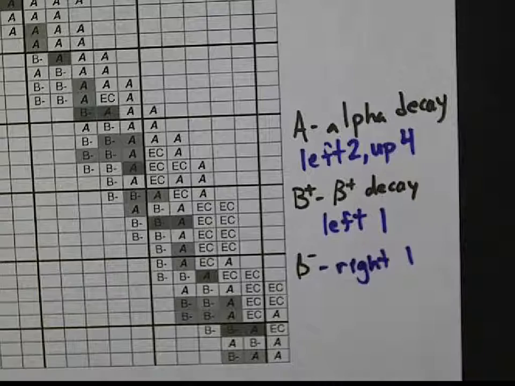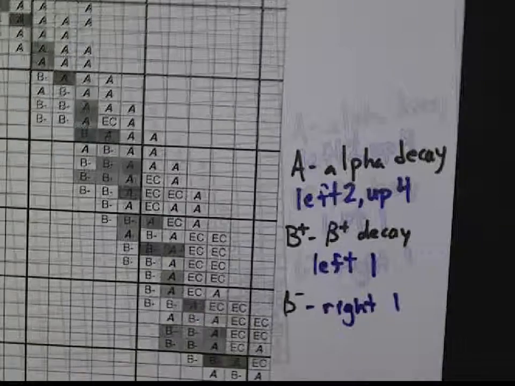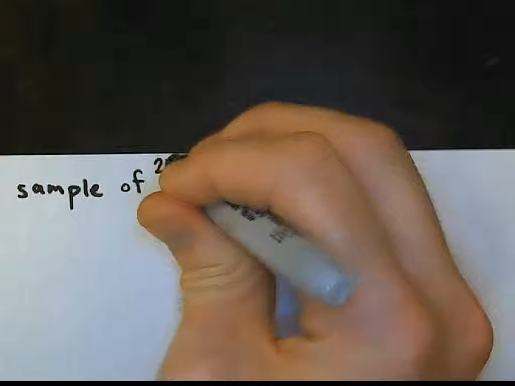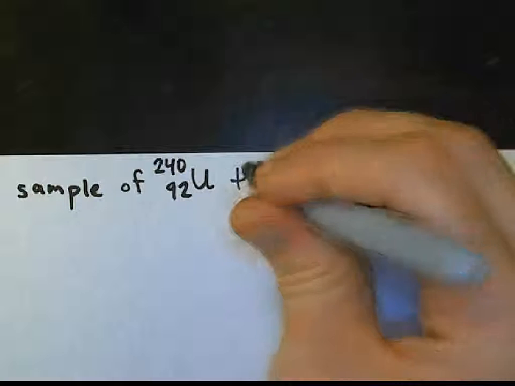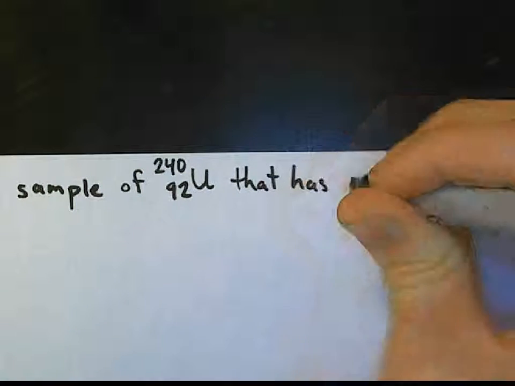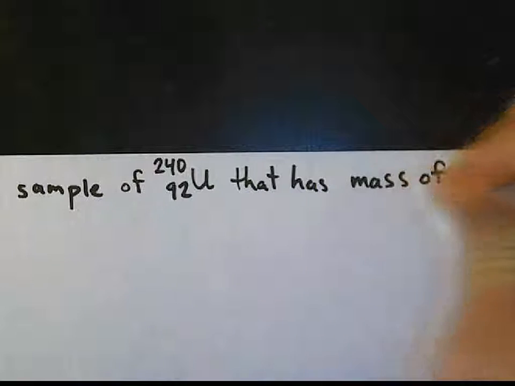And how soon, you might ask? Well, to answer that question right now, we're going to start off with, say, a sample of uranium-240-92 that has a mass of, let's say, 500 milligrams.